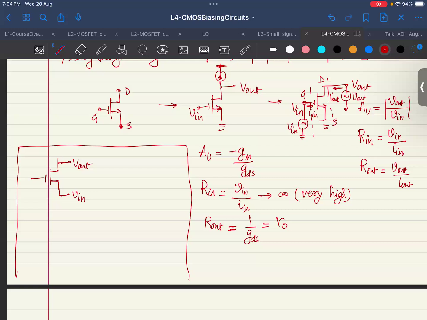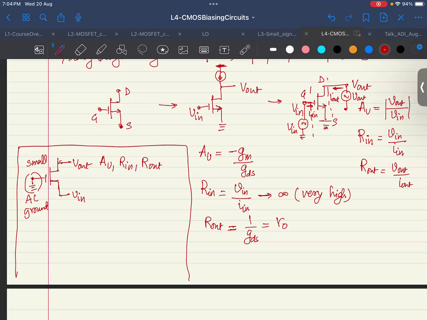This could be another configuration where the gate is, in small signal, just grounded. This is obviously AC ground we are talking about. So you have to find out for this circuit what the gain, Rin and Rout are.